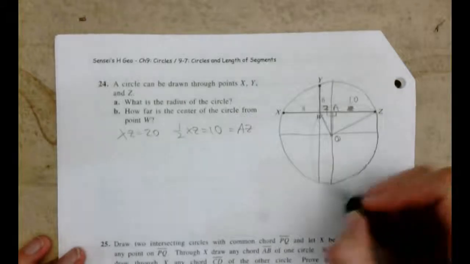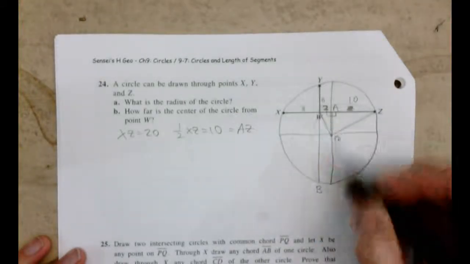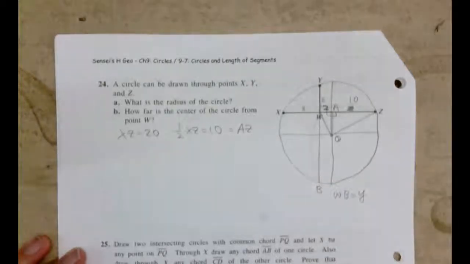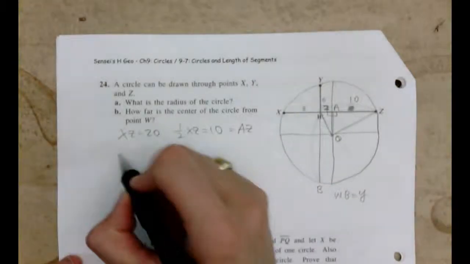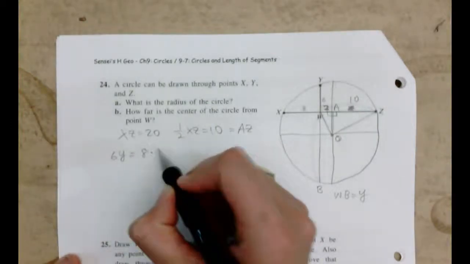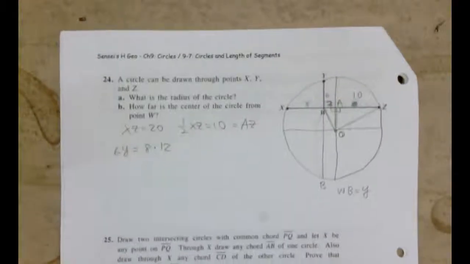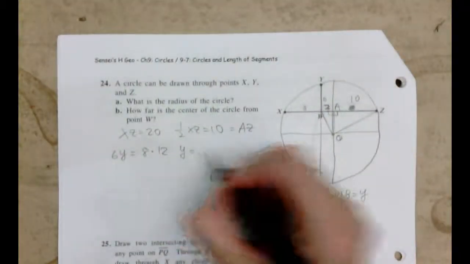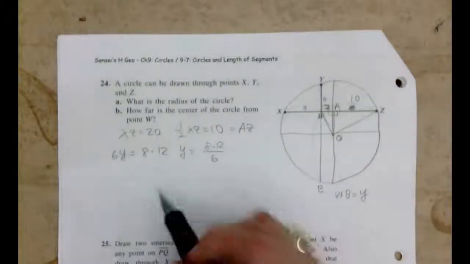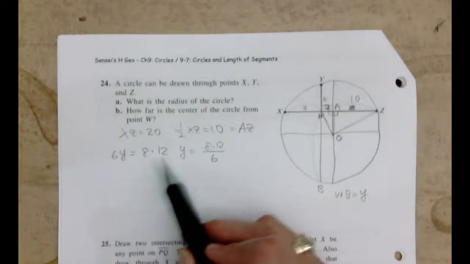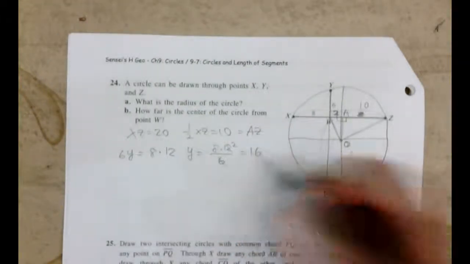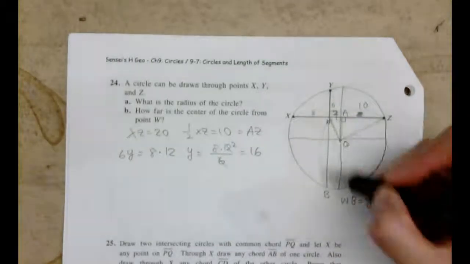I call this point B. If I call WB Y, then 6Y has to equal 8 times 12, so Y equals 8 times 12 divided by 6. These are the things that I don't calculate, so that I don't have to use a calculator. This is 2, that's 16. So this length right here is 16.